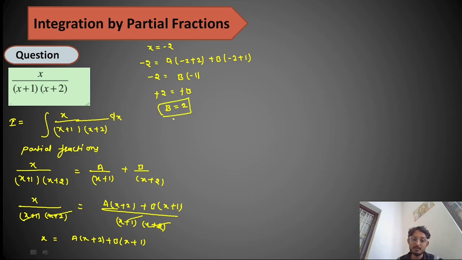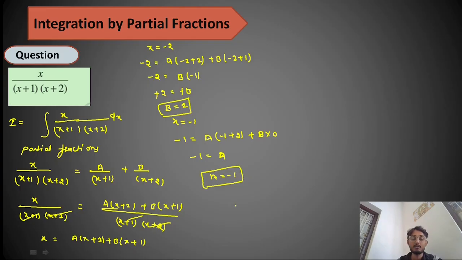Now we will try to find the value of a. So we will put x equal to minus 1. So here minus 1 equal to a into minus 1 plus 2 plus b into minus 1 plus 1, which means 0. Minus 1 equal to a into 2 minus 1, so a equal to minus 1.